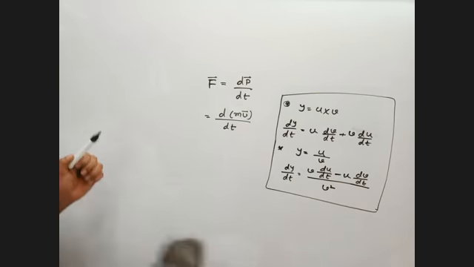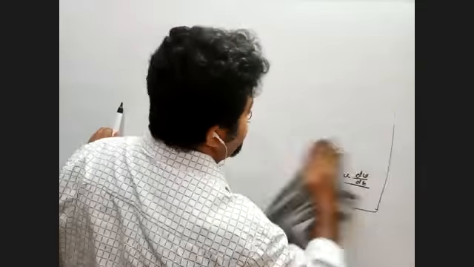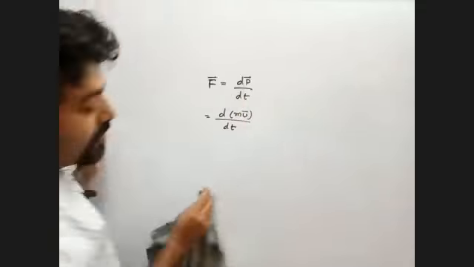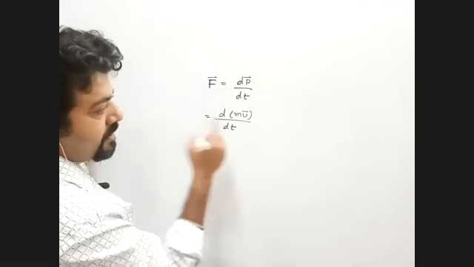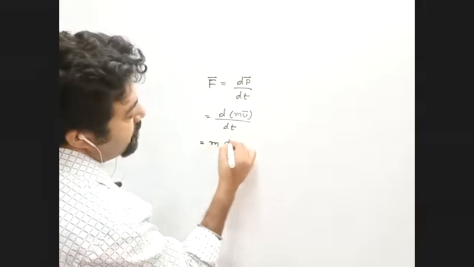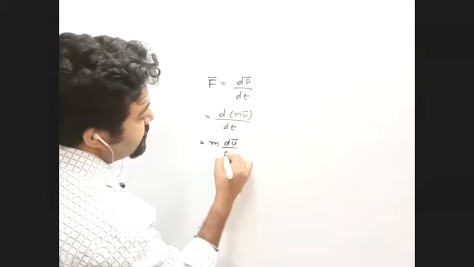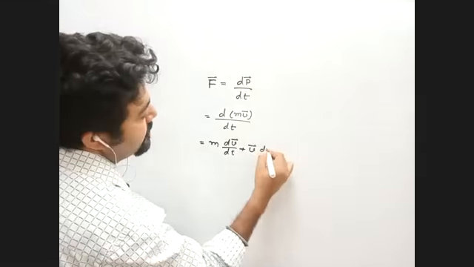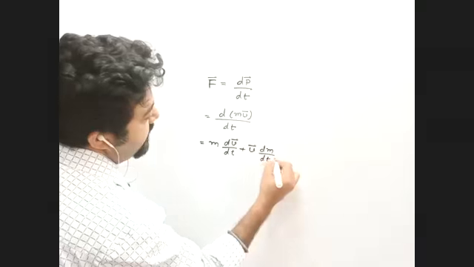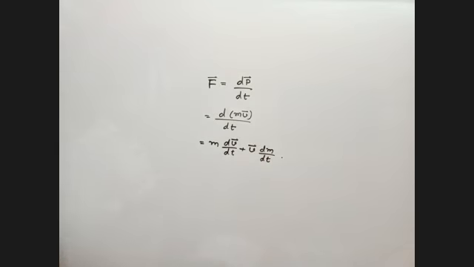So let's start to differentiate this on that basis. Now if we want to differentiate this, keeping mass constant we can differentiate time, keeping velocity constant we can differentiate mass, is it okay? Yes, sir.